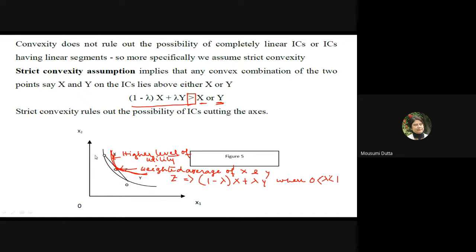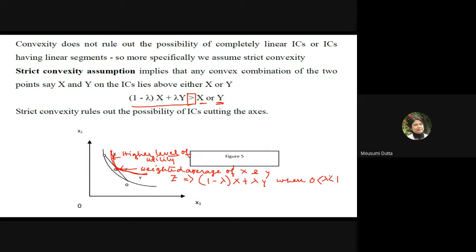So if I consider an IC, I consider a linear segment joining the two points x and y, and consider any point along this line segment, that will lie on a higher indifference curve. So this is the meaning of strict convexity of the indifference curve.